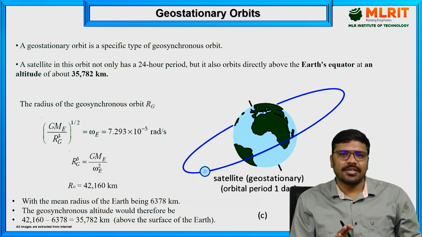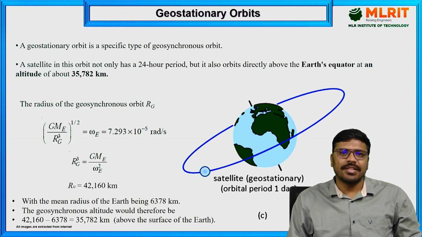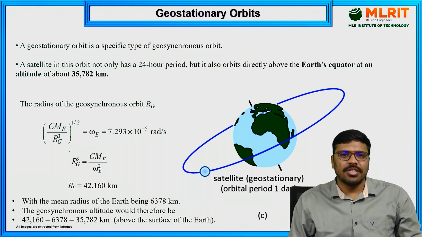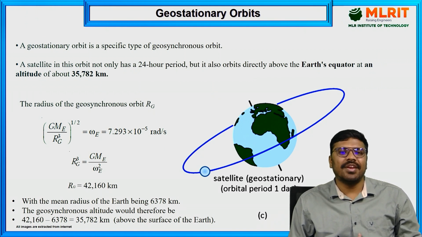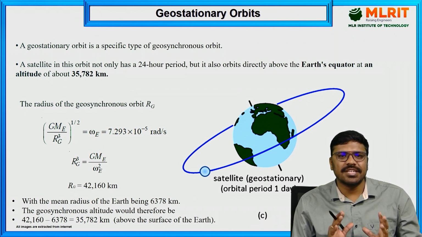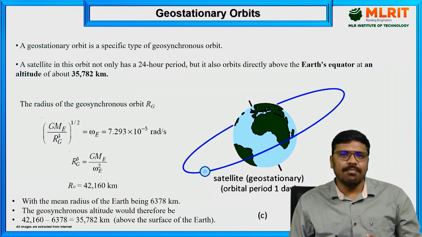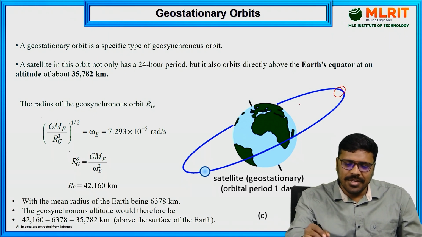Next day also, if I observe at 9 p.m., the satellite remains in the same place in the geosynchronous orbit. So in the geosynchronous orbit, the object repeats its position every day at a particular time. Coming to the geostationary orbit, the position of the object is stationary with respect to any point on the Earth. Why? Because the object lies in the equatorial plane and it is moving with the same angular velocity.